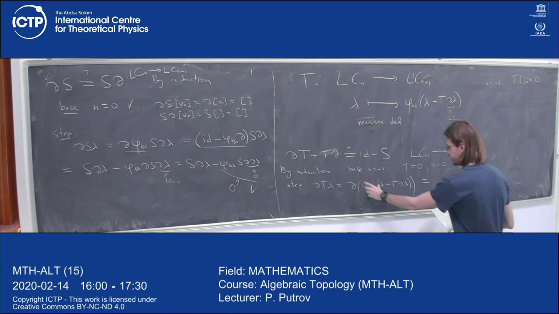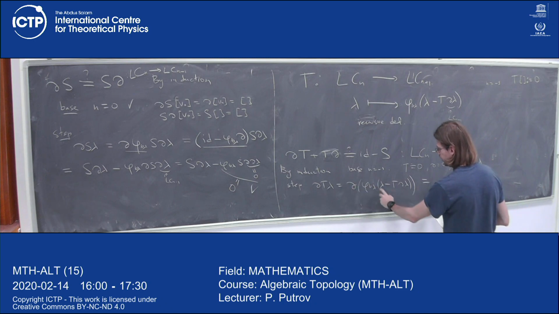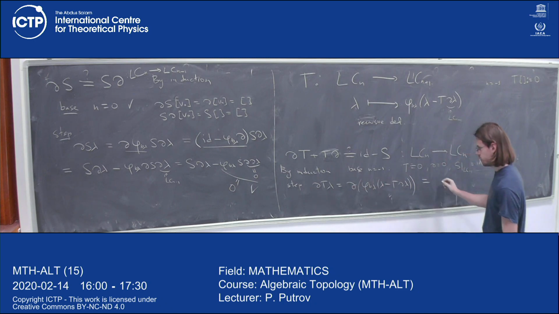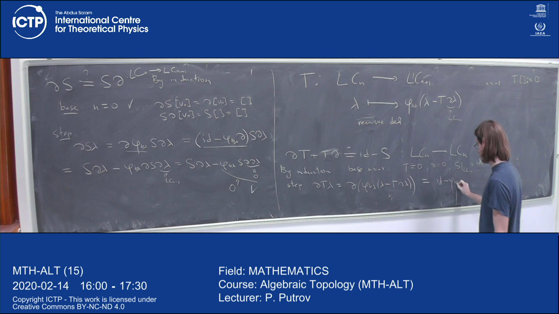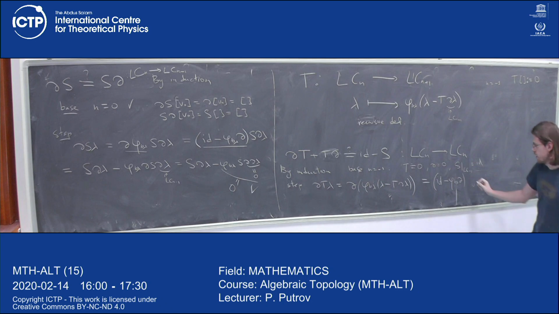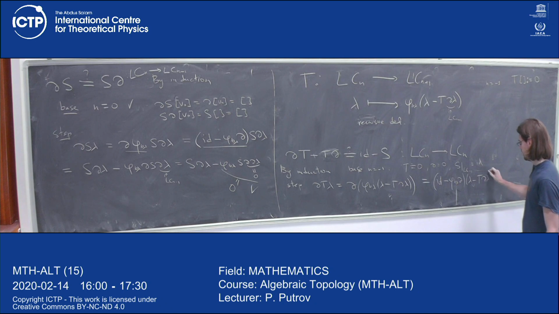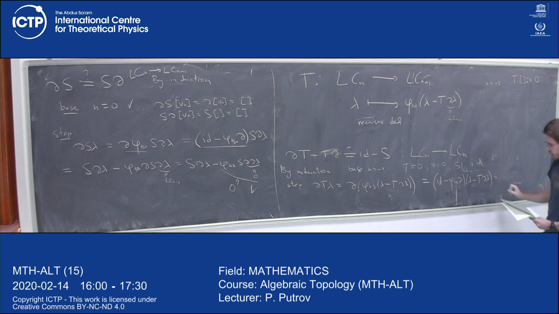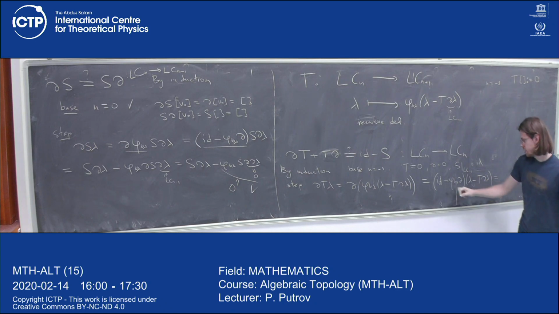So again, for this combination, I will use my identity on phi, which we had before. So this is the same as identity minus phi v lambda d. So I replaced this composition, and let me keep this unchanged and apply this combination.